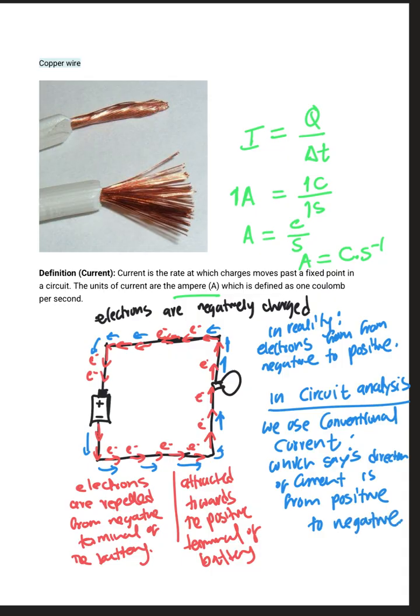So we use this conventional current to do calculations, and it works well, right?